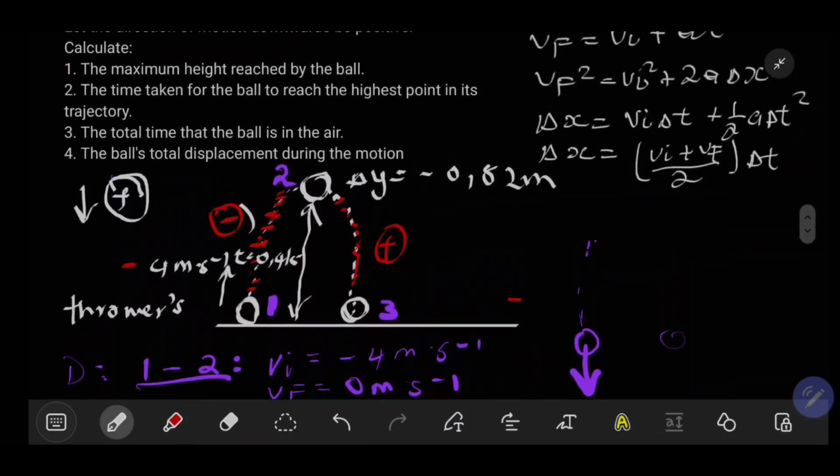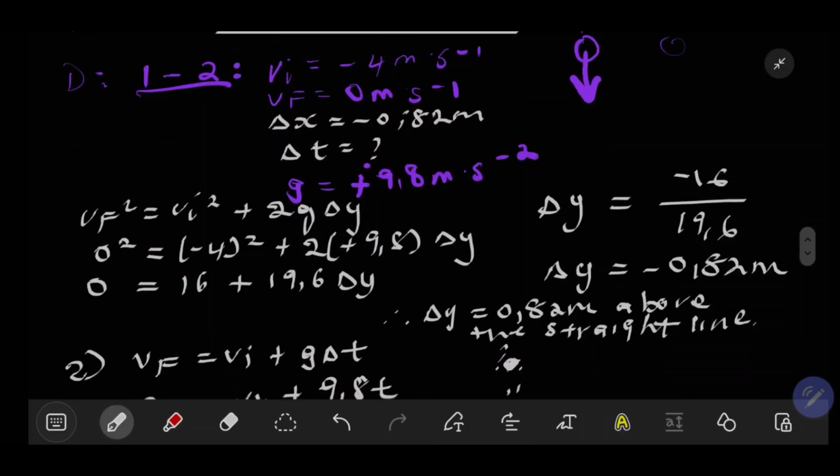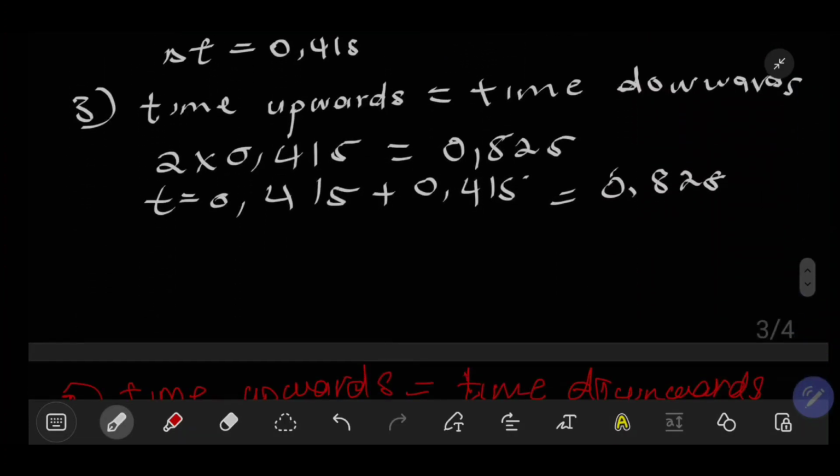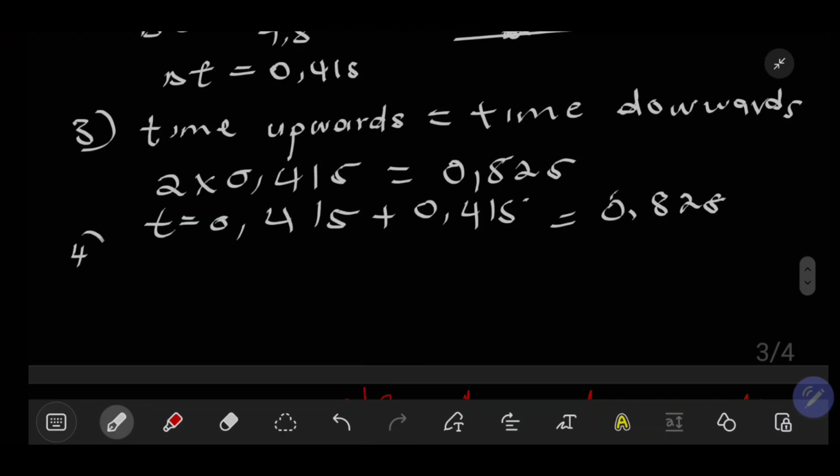So this is simple. Now they want you to calculate the ball's total displacement during the motion. So remember, displacement is the measure of distance in a straight line from the initial position to the final position.